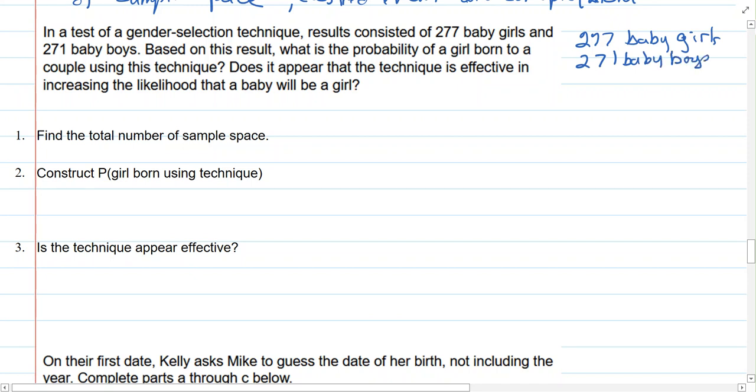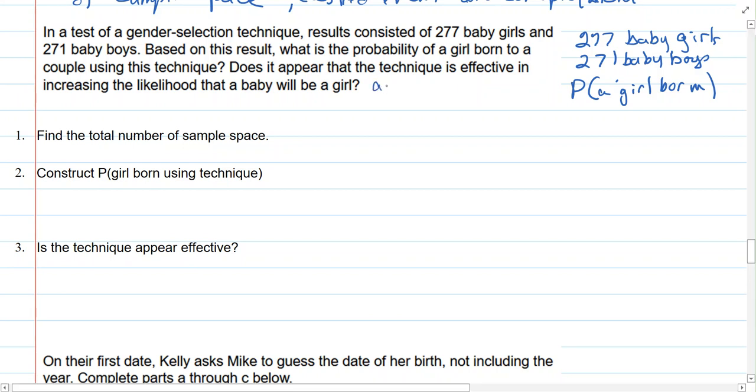Based on the result, what is the probability of a girl being born to a couple using the technique? Does it appear that the technique is effective in increasing the likelihood that a baby will be a girl?